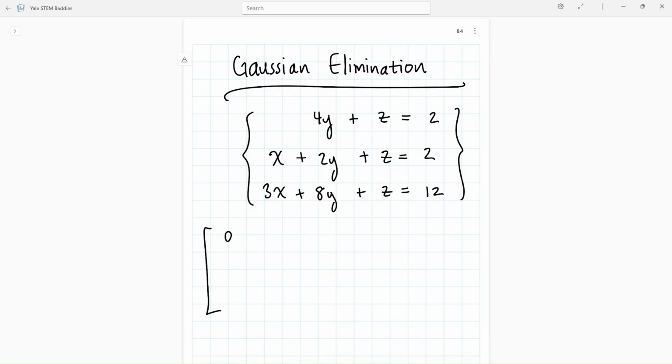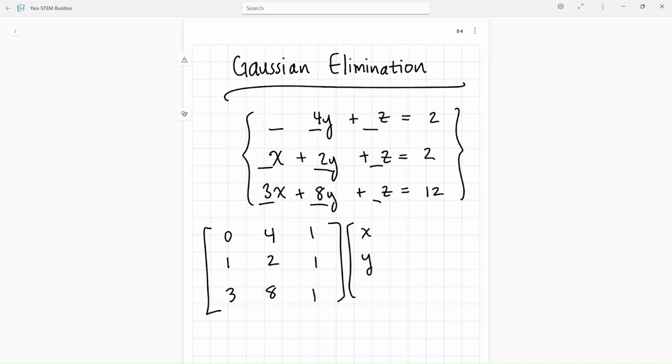Let's write our coefficients here: 1, then 0, 4, 1, then 1, 2, 1, and then 3, 8, 1. Then let's put in our variables and our result vector, which is 2, 2, 12.